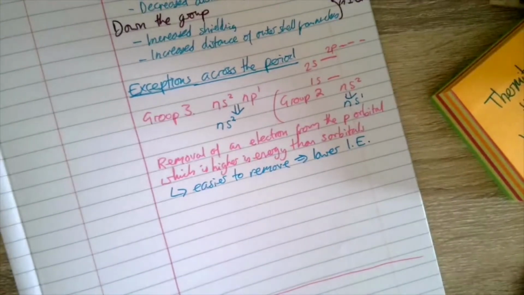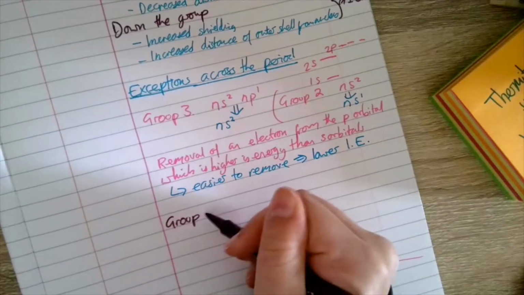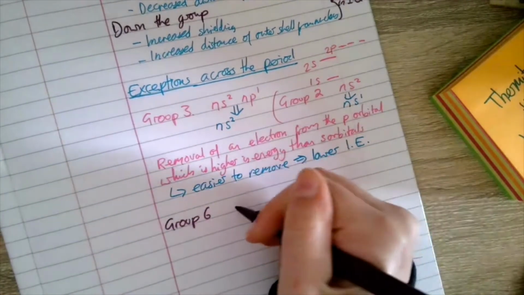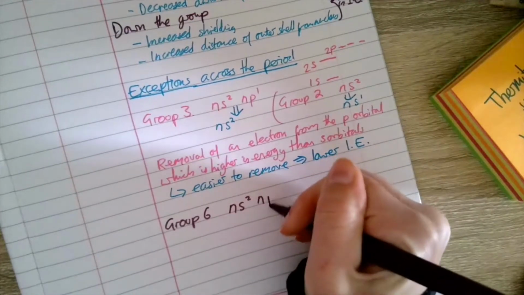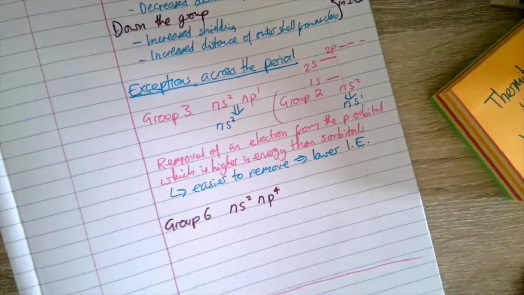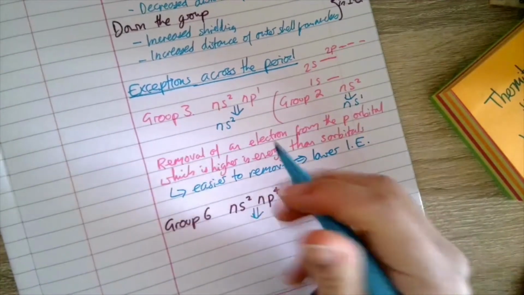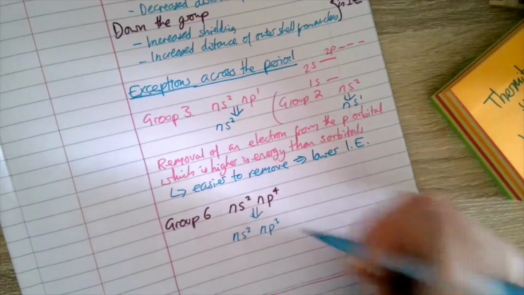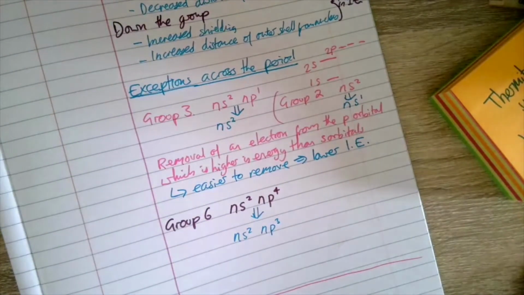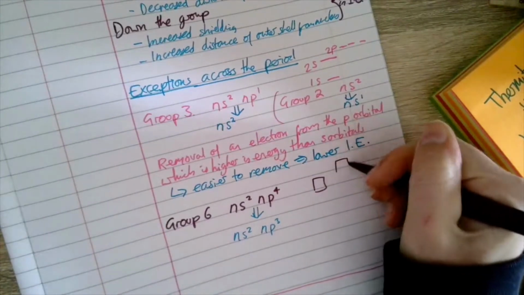We also have a dip for group 6. So here we're going from an ns2 np4 configuration to an ns2 np3 configuration. And here I often like to do this with boxes.